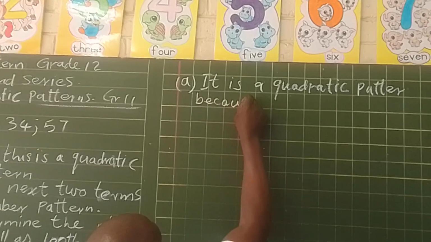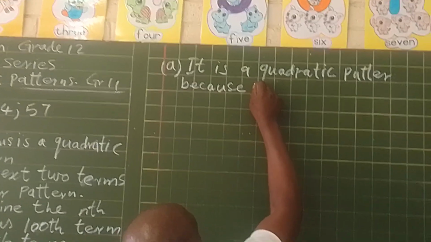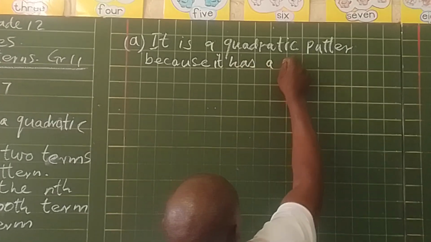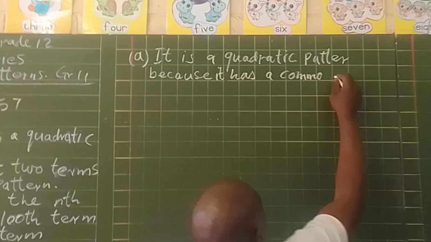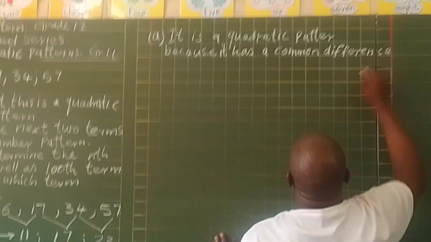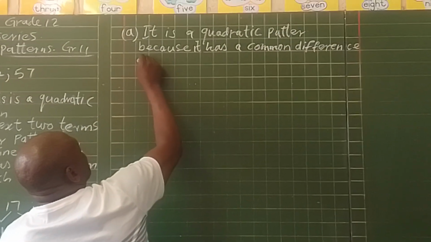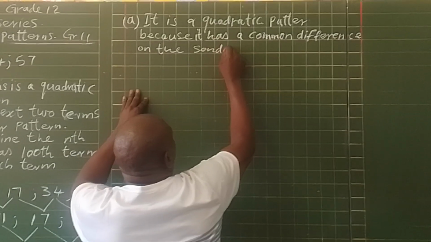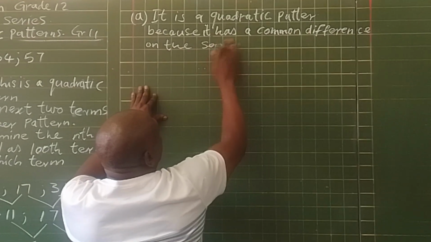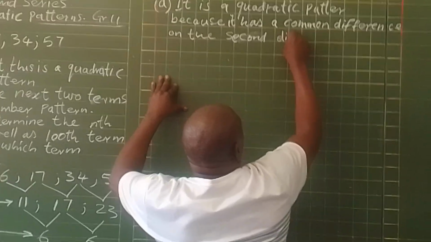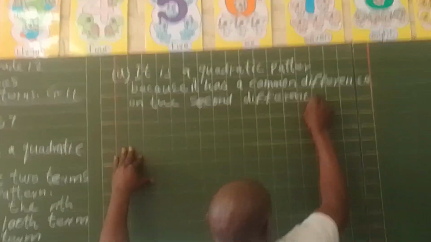Because it has a common difference on the second difference. The second difference is common.